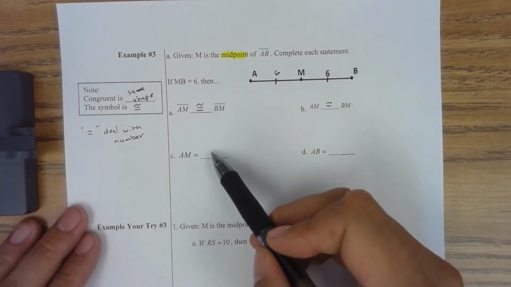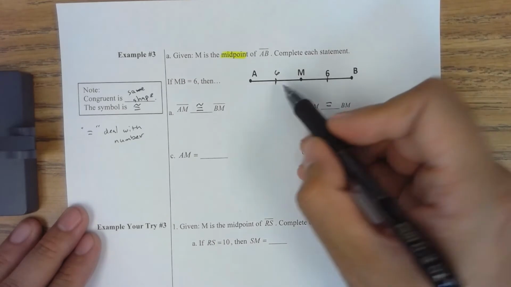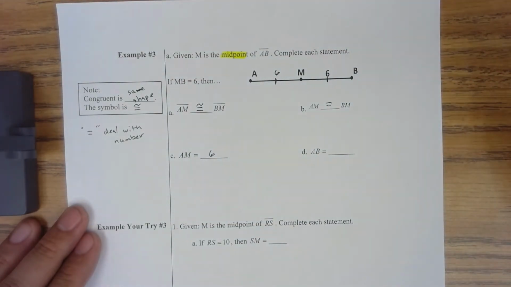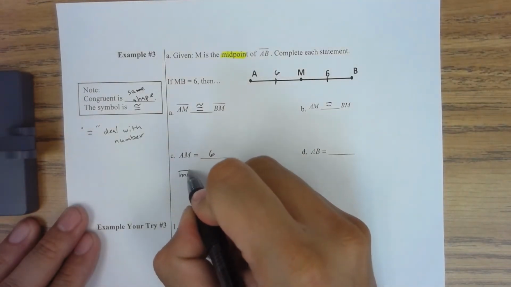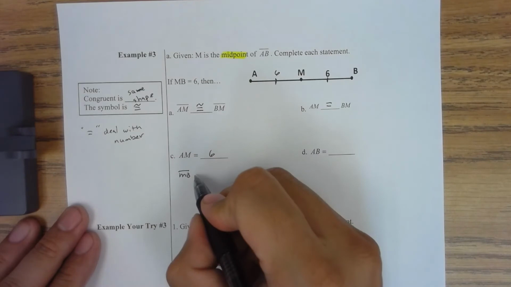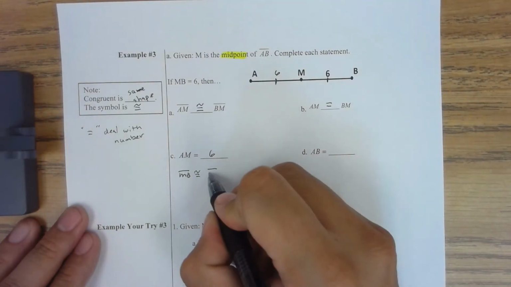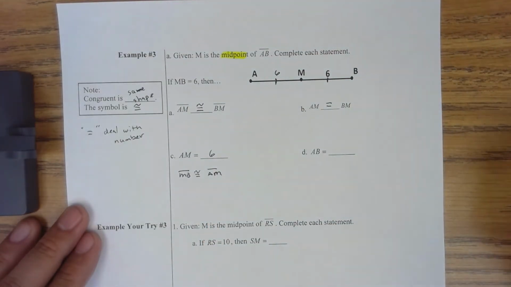Are we dealing with the shape here, or the number here? It's only an equal sign, so we just deal with the number. So we say it's equal to 6. But if I talk about segment MB, then you have to deal with the shape, so we say segment AM. So make sure you know the difference.